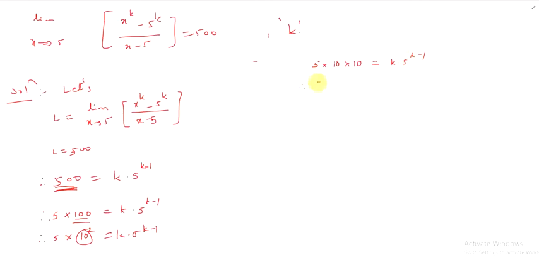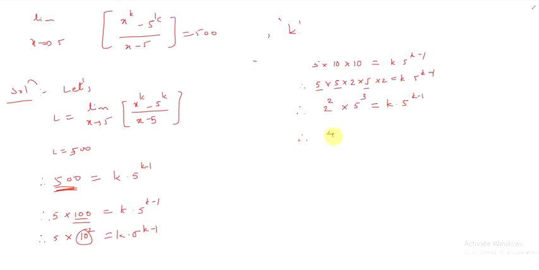That is 5 into 5 into 2 into 5 into 2, which gives 5 raised to 3 and 2 raised to 2, that is 2 raised to 2 into 5 raised to 3, is equal to k into 5 raised to k minus 1.